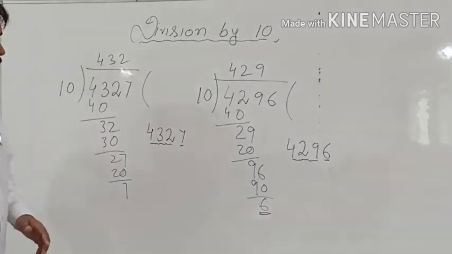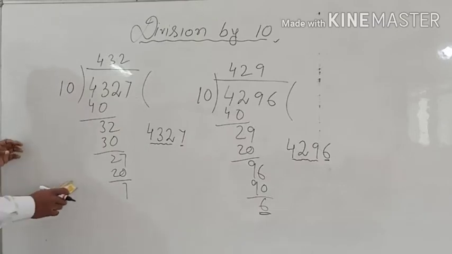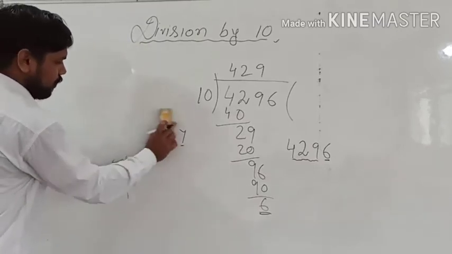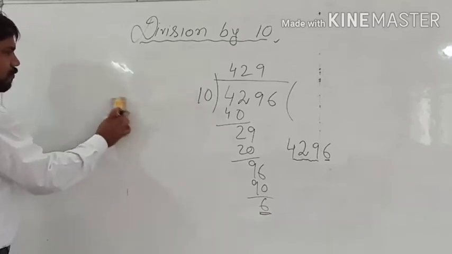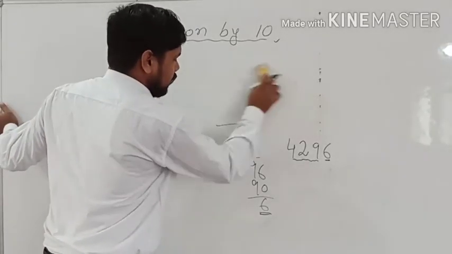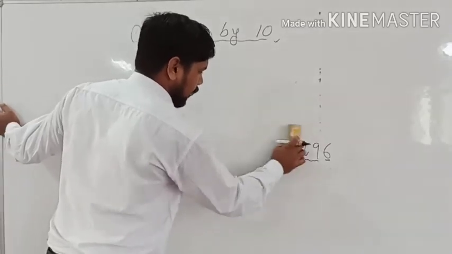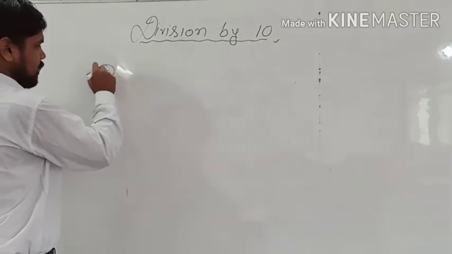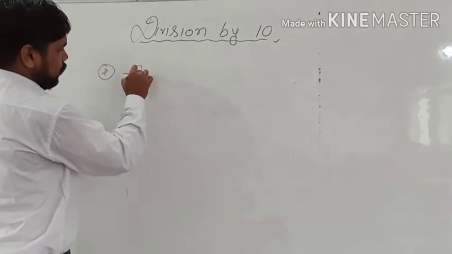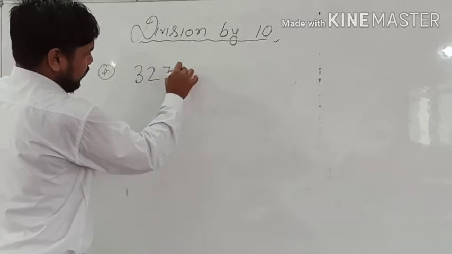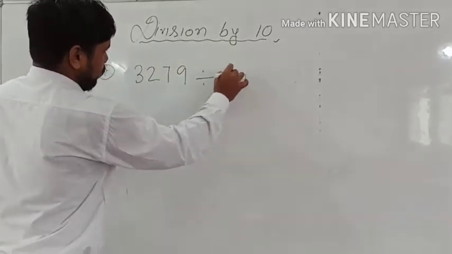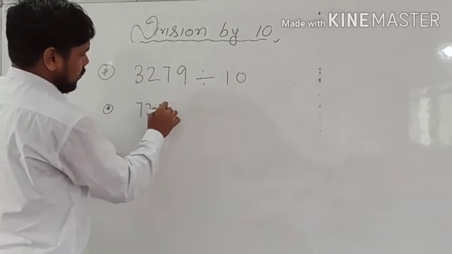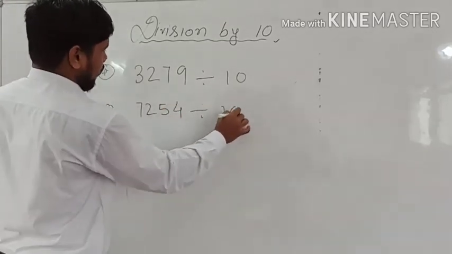Okay, so let us see some other examples and find out the quotient and remainder without actual division. Let me take some examples for that. Suppose 3279 divided by 10. Another example: 7254 divided by 10.